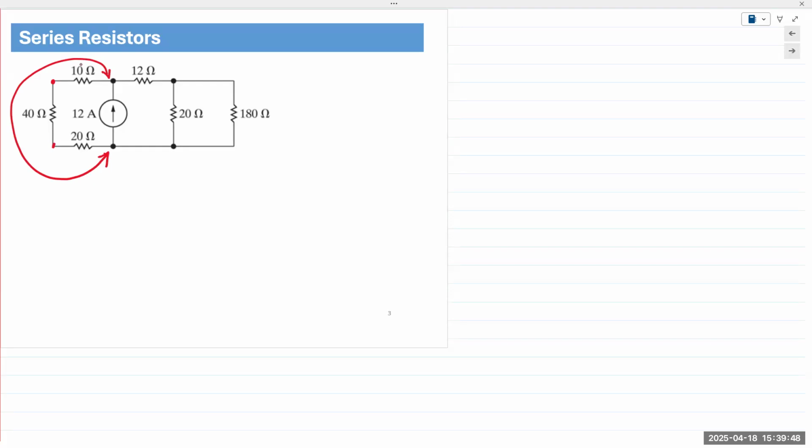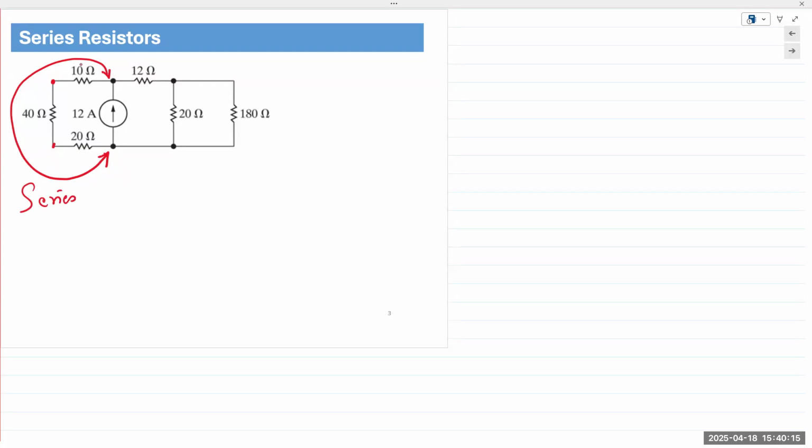And they do not have a third connection. So 10 is in series with 40, which is in series with 20, and that's where it ends, right? Because the 12, 20, and 180 have more than 2 connections at their nodes. So these are in series, the rest of them aren't.